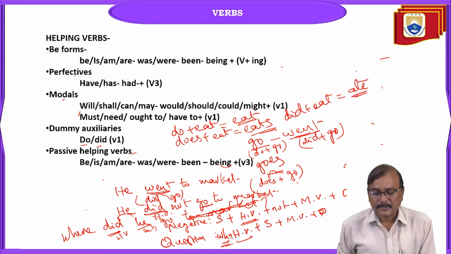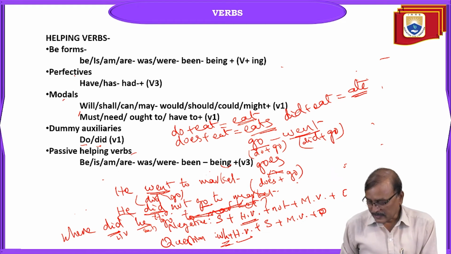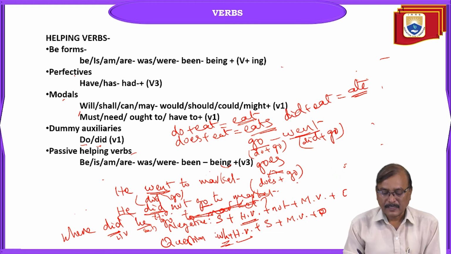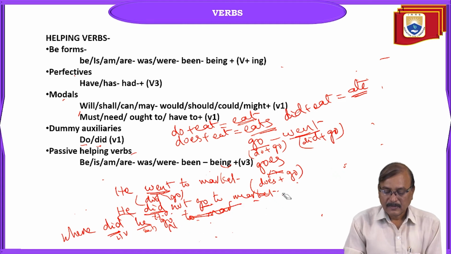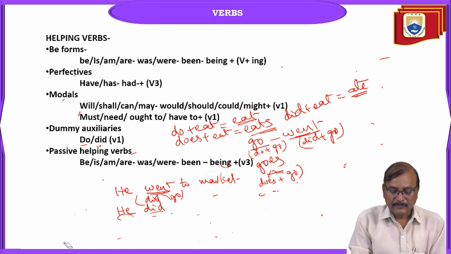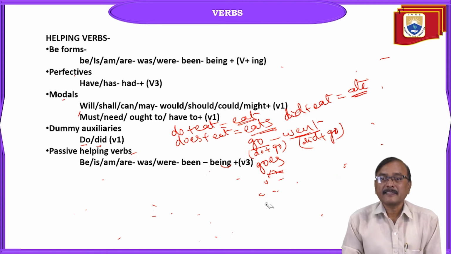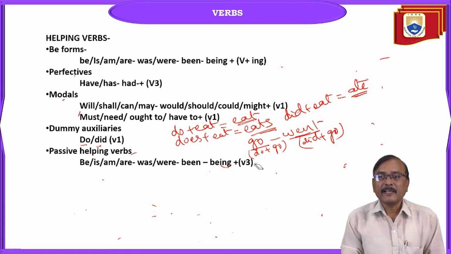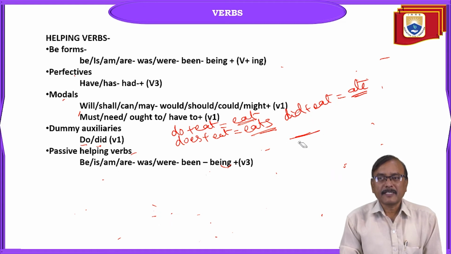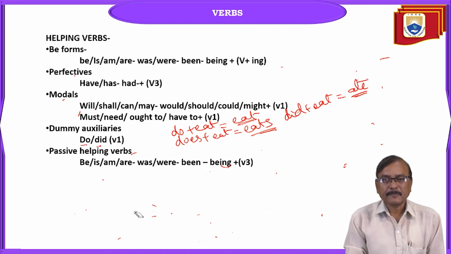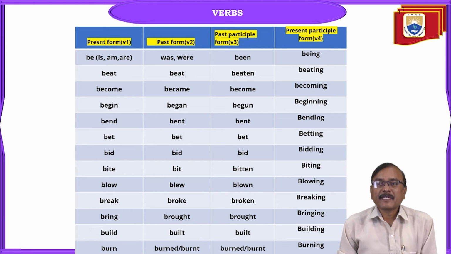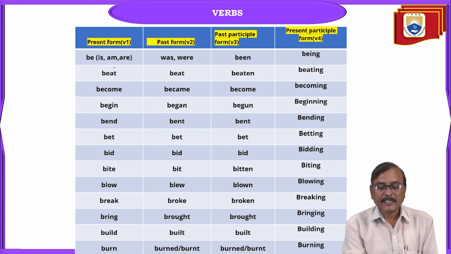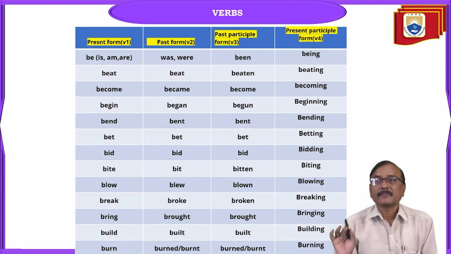Now let us move to our next slide. One more thing we have to concentrate on is main verbs, the V1, V2, V3 forms, that is the present form, past form, and past participle form. In the main verbs also we have the present form, past participle form, and present participle.